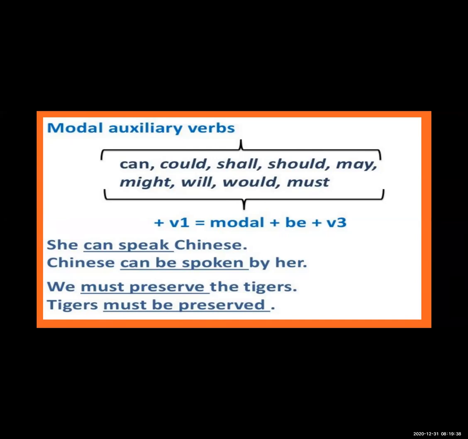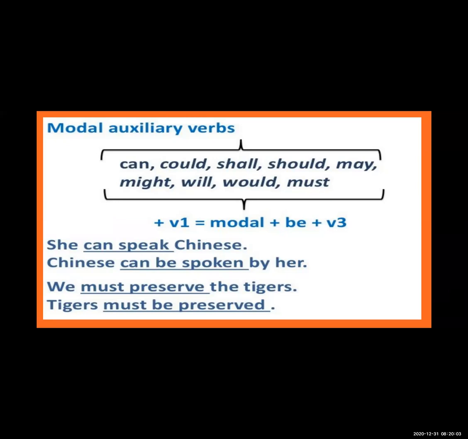The object is Chinese, so I have taken the object at the start of my sentence in passive voice: Chinese. Then look at the verb, can speak. That will become can, plus we have to add be, be plus spoken.